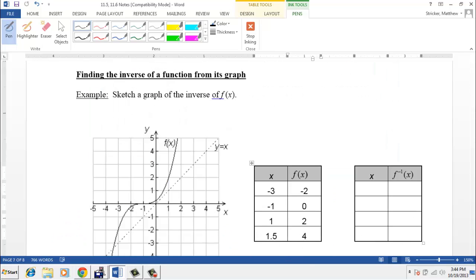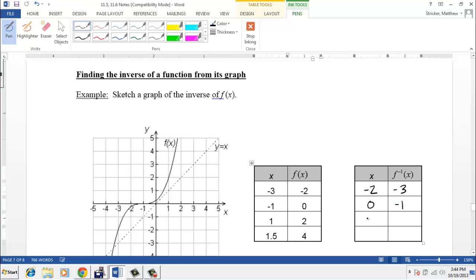So we can use this idea to help us graph an inverse function if we have the graph of a function itself. For example, if the function turns an input of -3 into an output of -2, then the inverse function will turn -2 back into -3. It will also turn 0 back into -1.